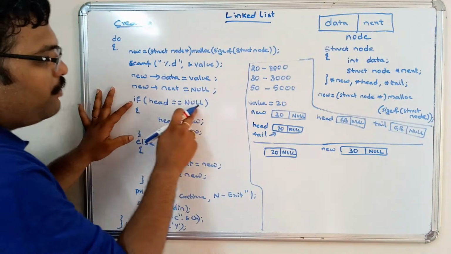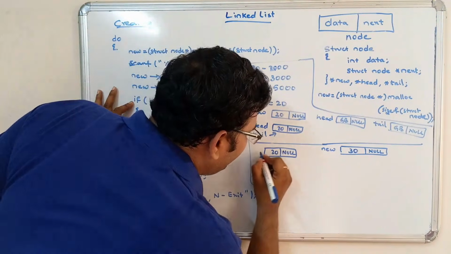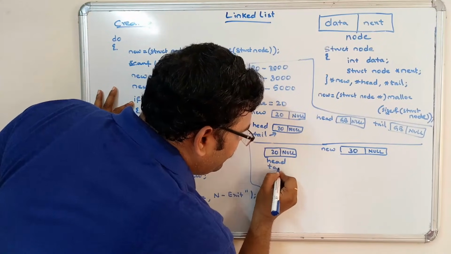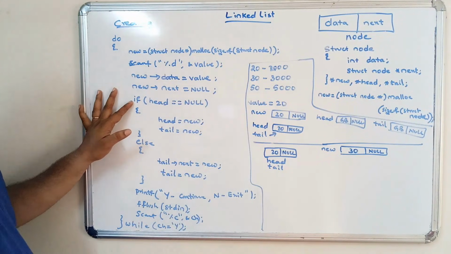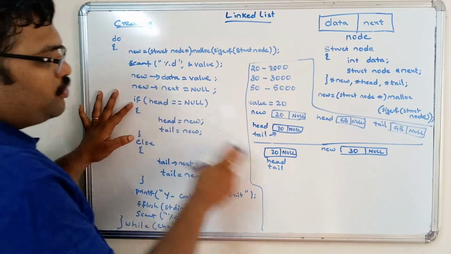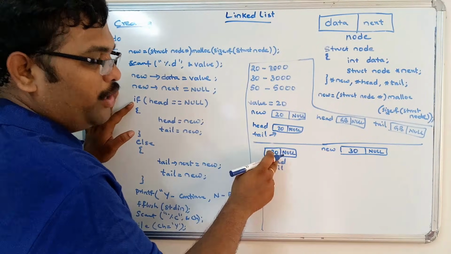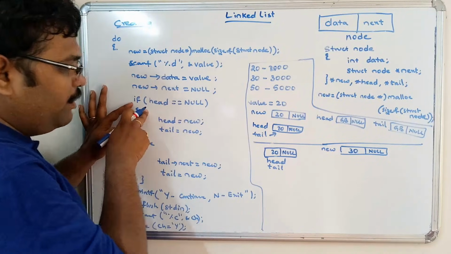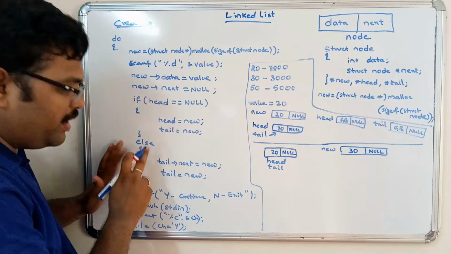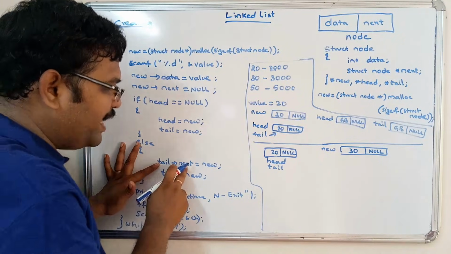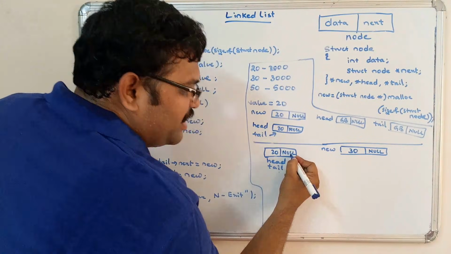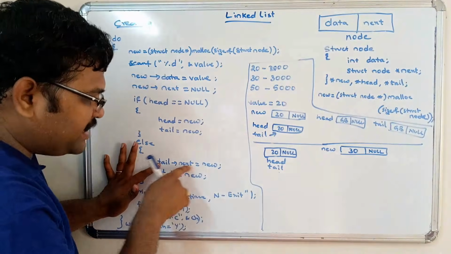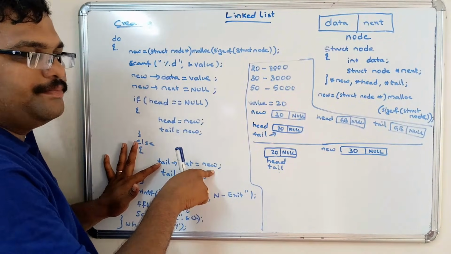Then if head is equal to null, so this is the head and tail. Now head is not null because head is pointing to the first element. Obviously, this condition will fail, and the else part will be executed. In the else part, tail of next, that means null, will be assigned with the new.